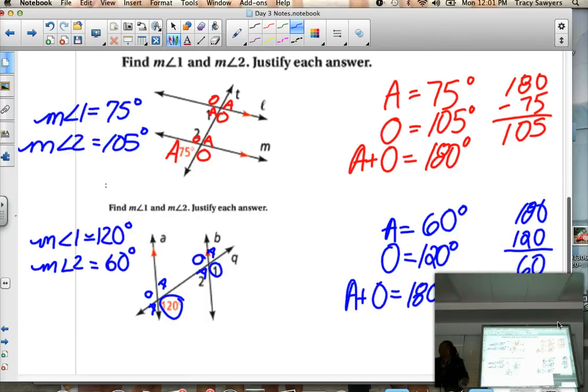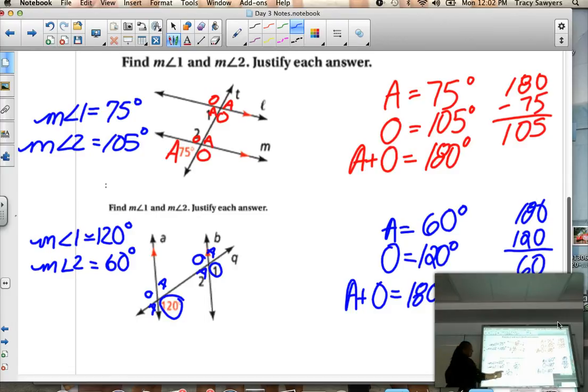I have a question. How do we know that angle 1 equals 120? 120 is what we determined to be our obtuse angle. We looked here, and we know that 120 is an obtuse angle. Anything above what number? 90, right?